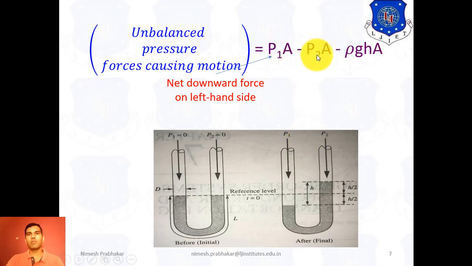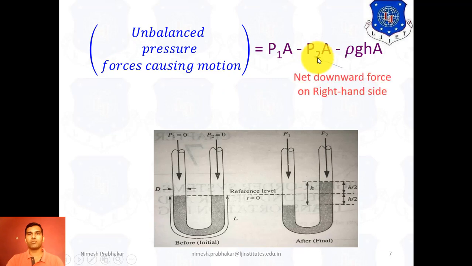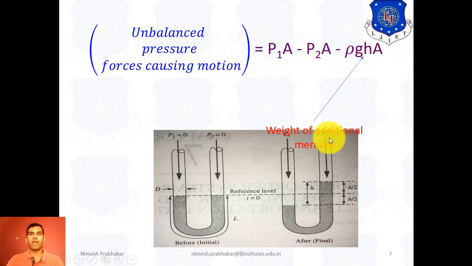Similarly, this term comes due to the net downward force on the right hand side, P2 into area. And the last term comes due to the weight of the additional mercury. Because of this additional mercury weight, this term comes, which is nothing but rho G into H into A.